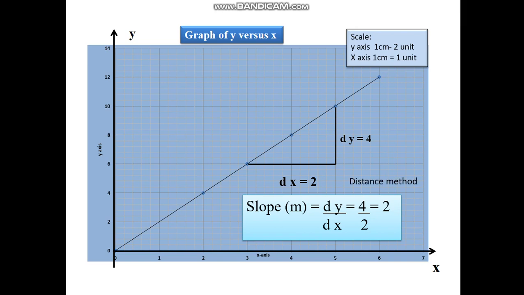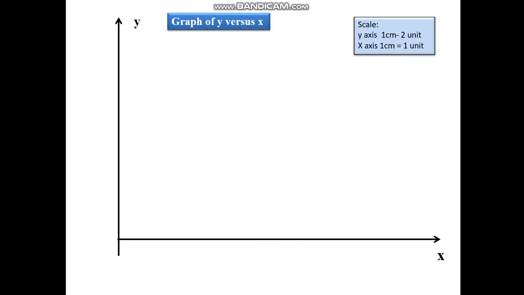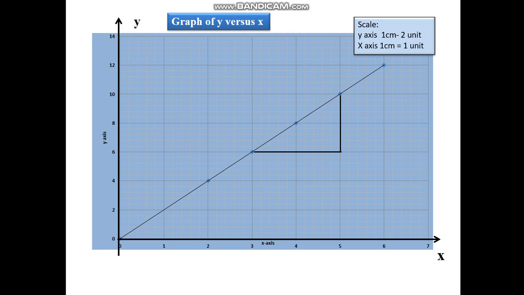Let us see the second method. Again we have a graph of y versus x. Let us draw the y-axis and the x-axis with the same scale. Y-axis 1 centimeter is 2 units, x-axis 1 centimeter is 1 unit, and draw the line. Again we choose 2 points to find the slope, but now we take the coordinates.